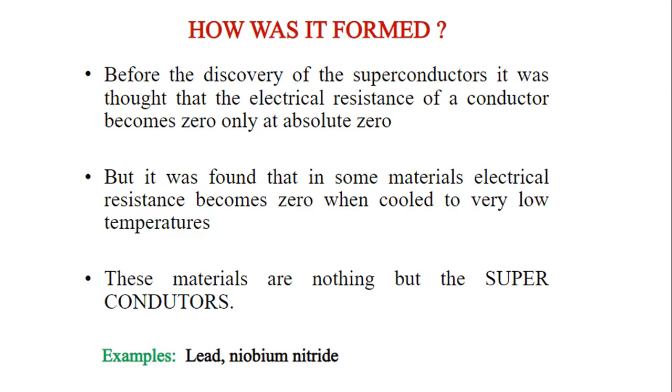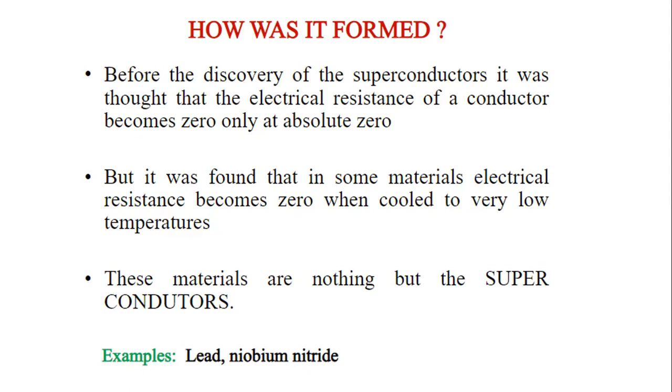Some conductors showed a particular character at a particular temperature, where the electrical resistance is nearly equal to zero. But in certain materials, the electrical resistance becomes zero when they are cooled to a very low temperature, and we call those superconductors.